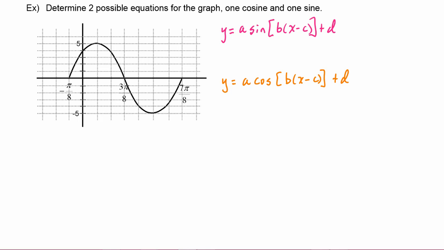And our job is to find a, b, c, and d. We know that a comes from the amplitude, and the definition of amplitude is that it's equal to 1/2 of the max minus the min.